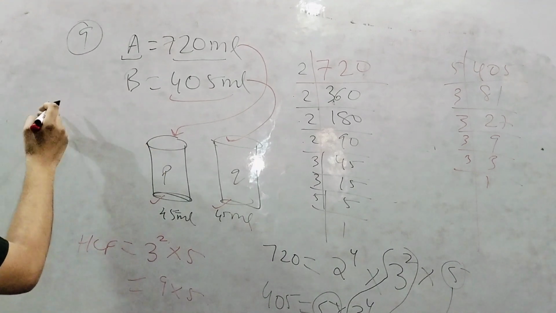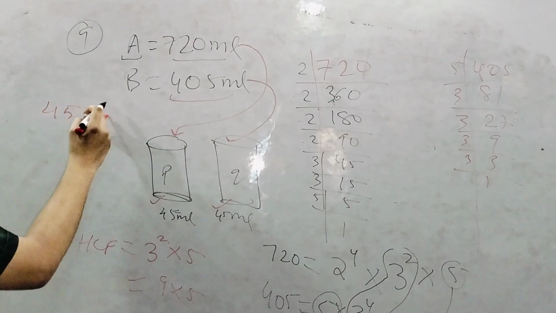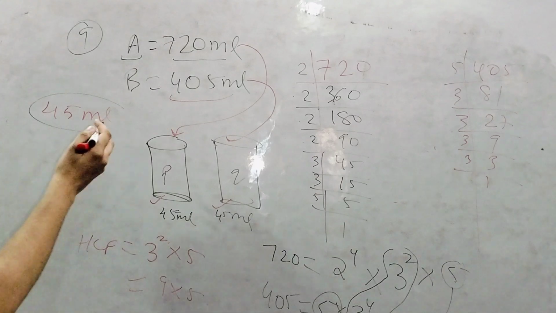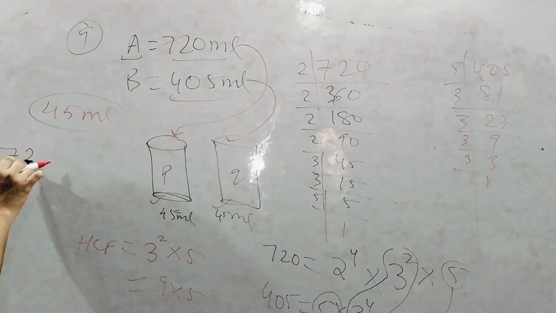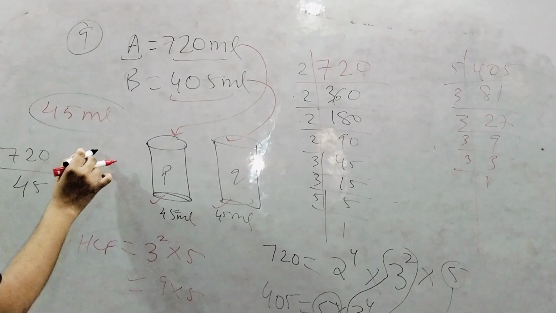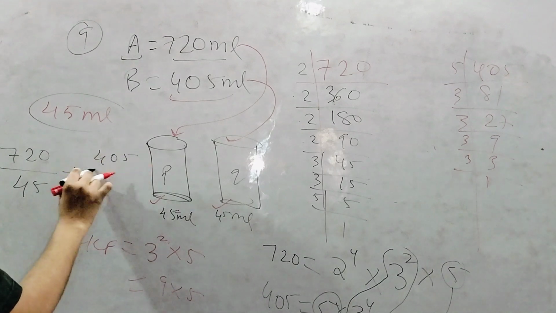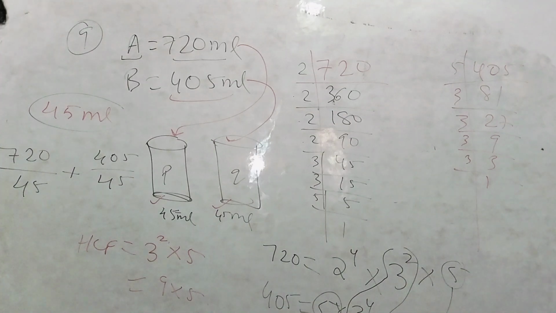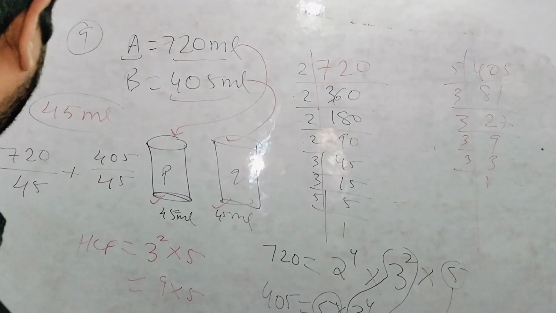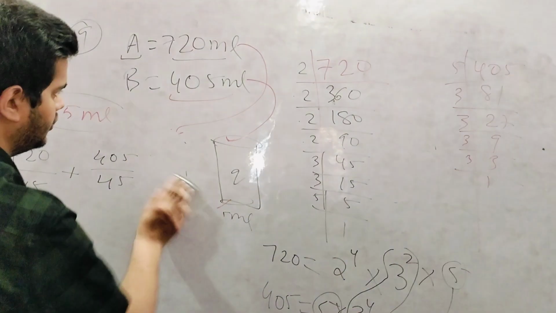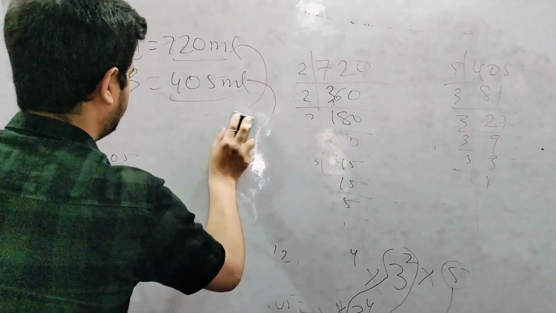So each glass has 45 ml of milk. Now how many glasses are required? For that, just divide these two by the HCF to get the answer quickly. So it is 720 upon 45 plus 405 upon 45.